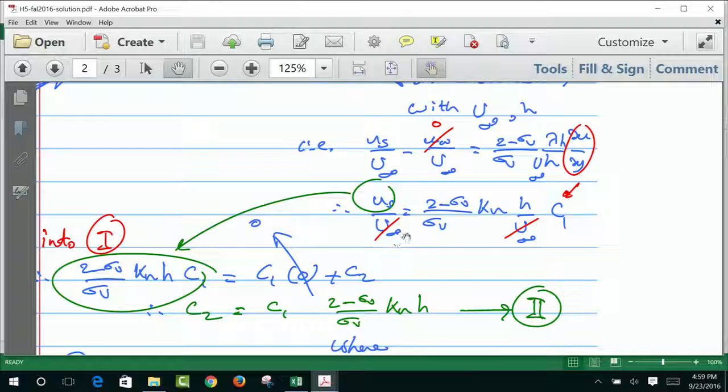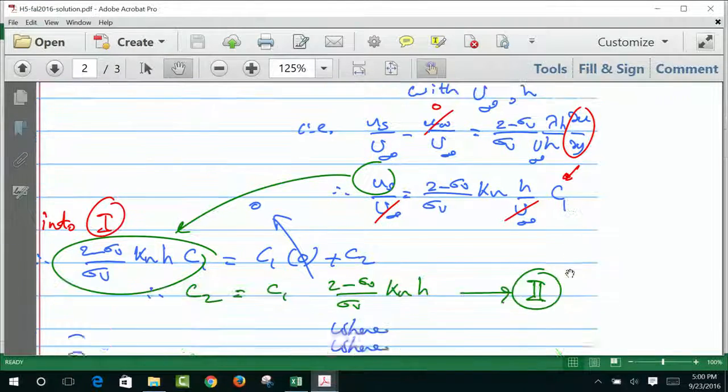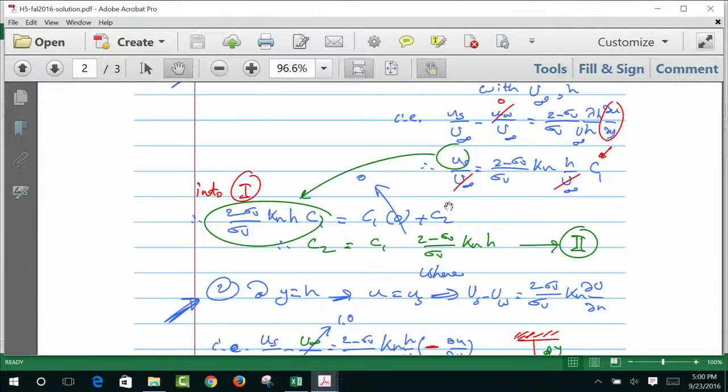So what that tells us is that the velocity at the wall is not gonna be 0 or u wall, it's gonna be u slip. It will be a little bit moving faster. Okay? By how much? By 2 minus sigma v over sigma v, Knudsen, h, partial u partial y. Partial u partial y is C1. And what are we doing again?